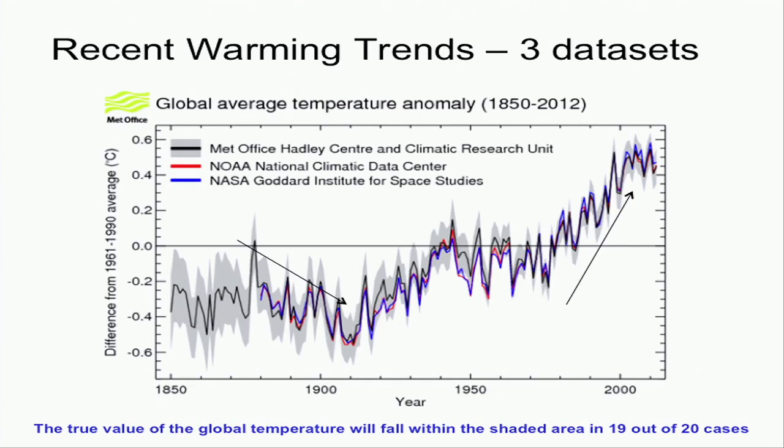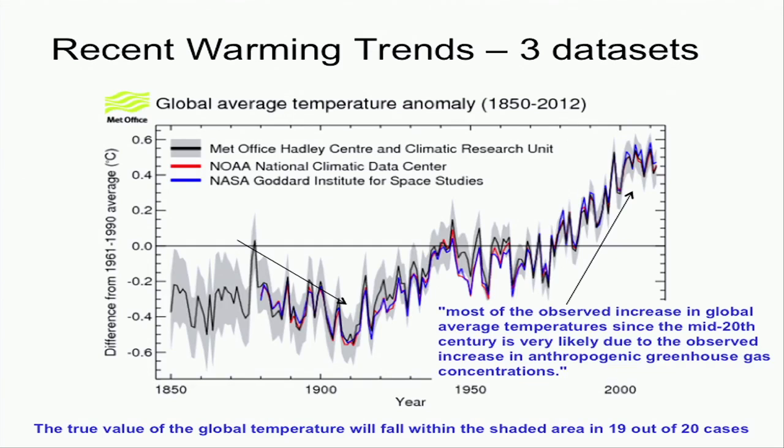And if you look carefully at that data set, you can see some quite interesting things. For example, most of the observed increase has occurred from the mid-20th century onwards. And we know that that's likely based on the increase in anthropogenic greenhouse gas concentrations, emissions from fossil fuel use mainly.